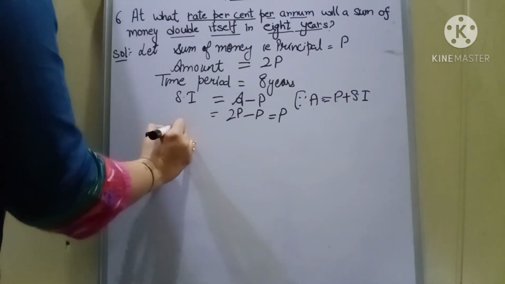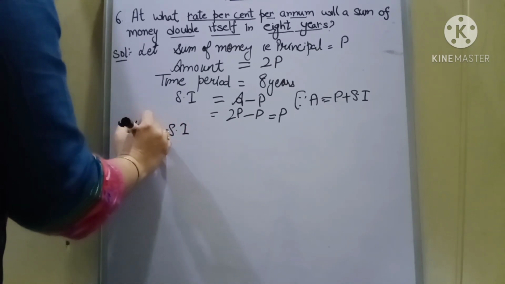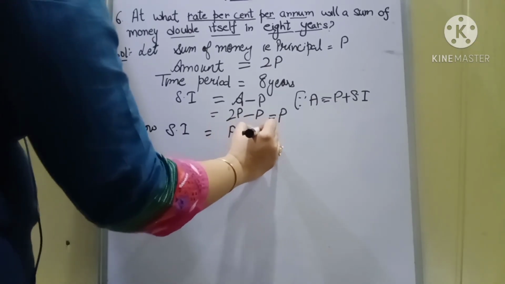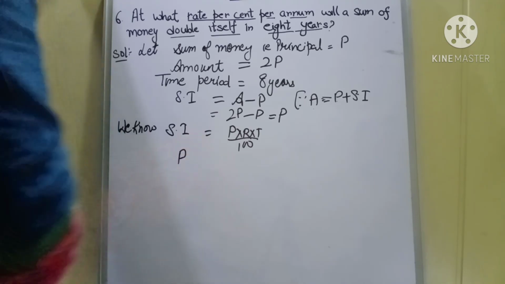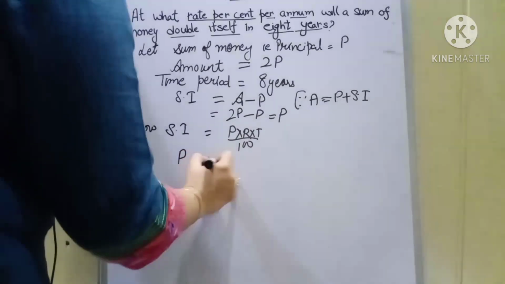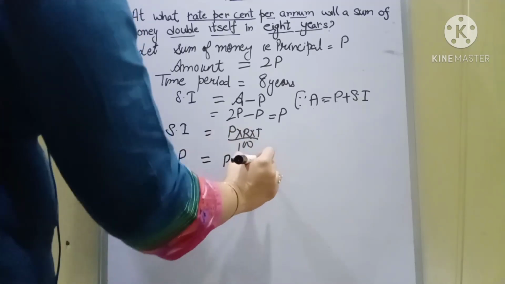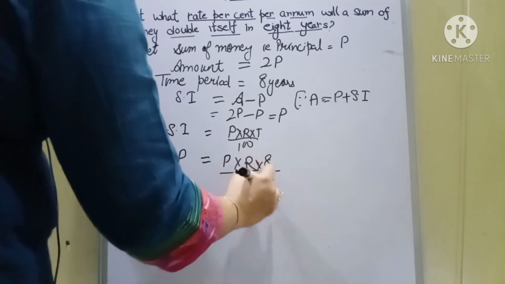You know the formula for simple interest: simple interest is P into R into T by 100. Now what have we calculated? Simple interest as P, principal as P, rate of interest we have to find, and the time period is 8 years, upon 100.